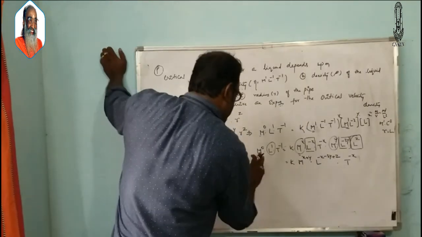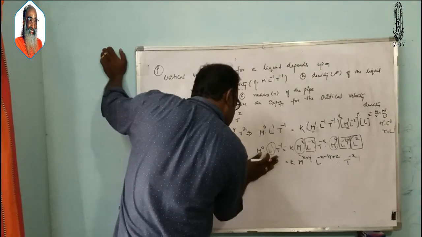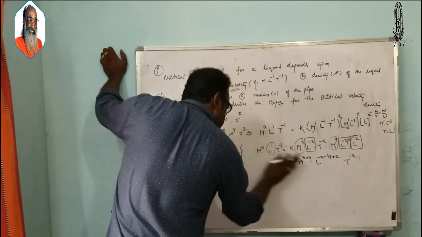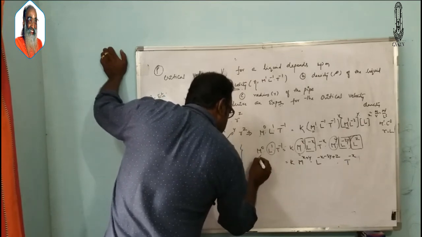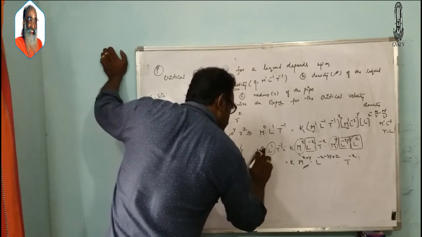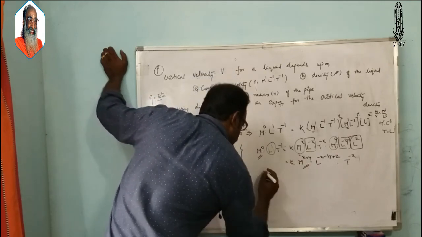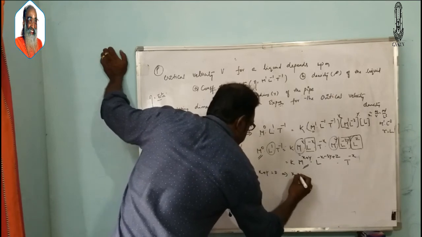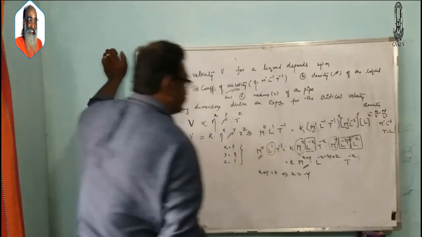Now comparing the dimensions of each physical quantity on the left side and right side, according to the principle of homogeneity, they should be the same. For mass it is M to the power of 0, so 0 and x plus y should be the same. x plus y is equal to 0, so from this we get x is equal to minus y.